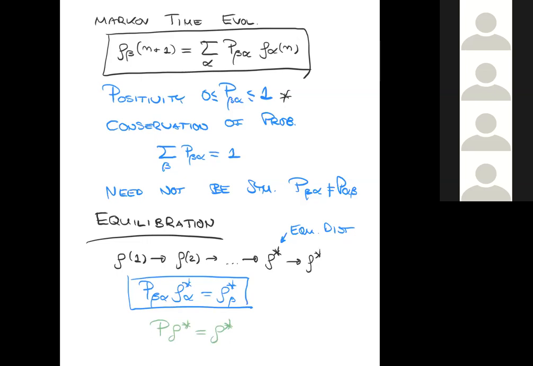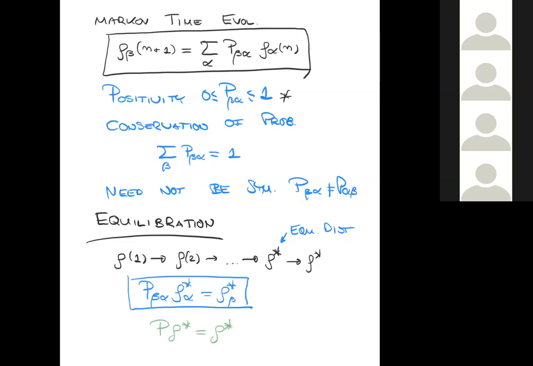If you want to be a little more mathematical, this P is some kind of matrix, and this distribution is some kind of vector. So this equilibrium distribution is an eigenvector of the transition rule. It's a right eigenvector, and since the transition rule is not symmetric, you can distinguish left and right eigenvectors.